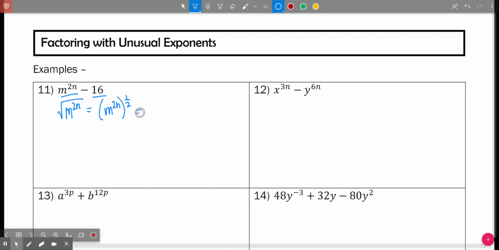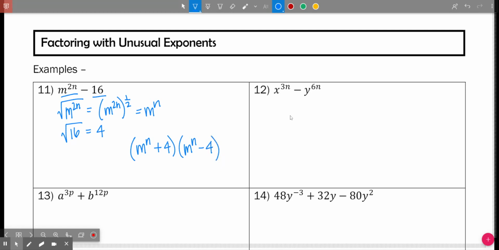So this becomes m to the 2n times 1/2. Well, that's just m to the n. And then the square root of my second term is 4. So this factors into m to the nth power plus 4 and m to the nth power minus 4.